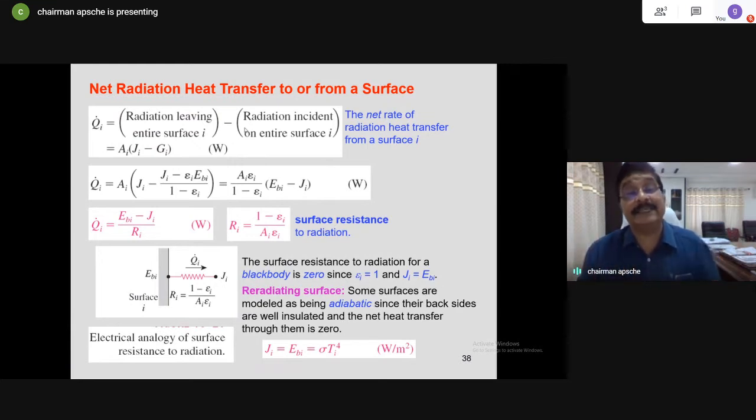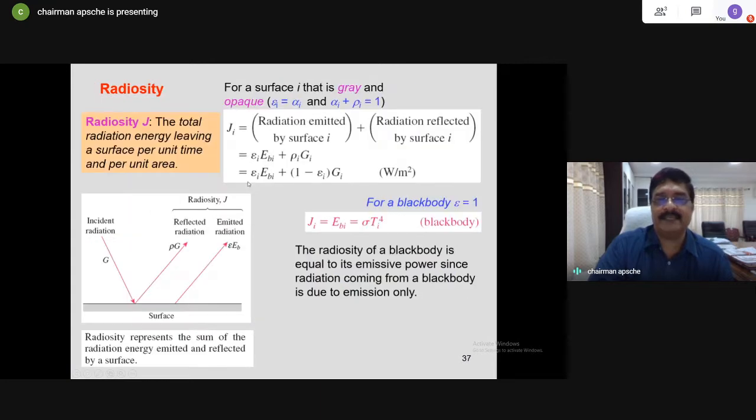If G is less than J, heat is transferred from the surface. That's how you should take it. So it is A_i into J_i minus G_i. And from this equation, you write an equation for G_i in terms of J_i.